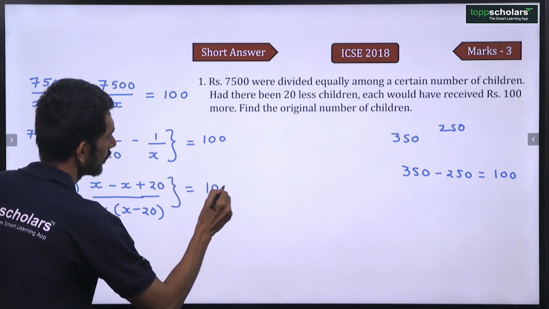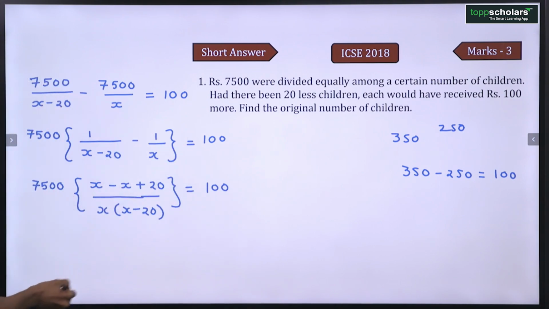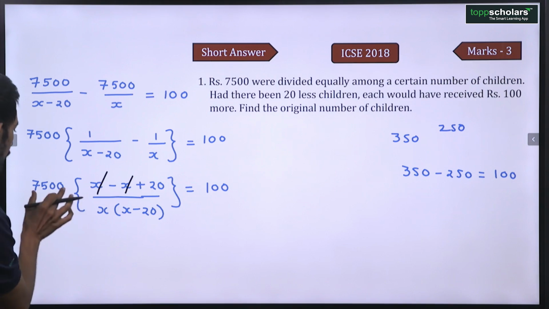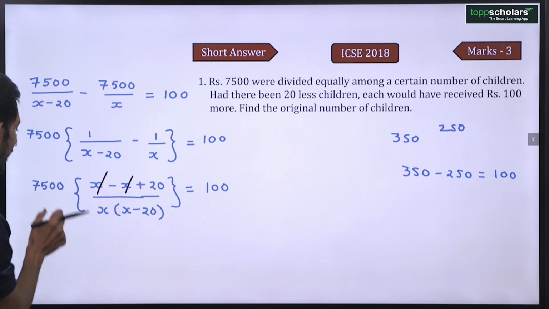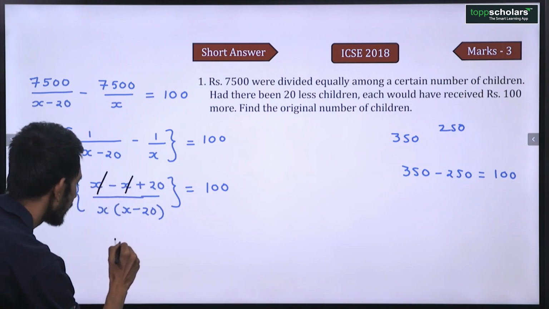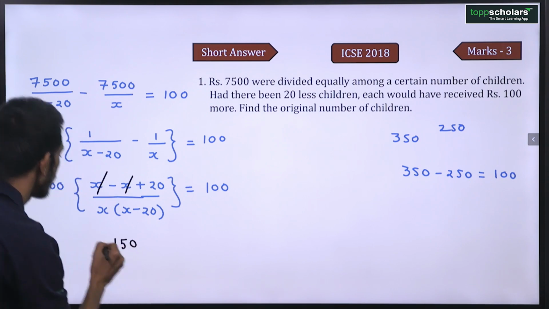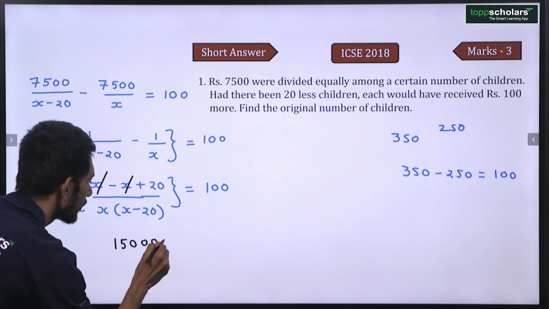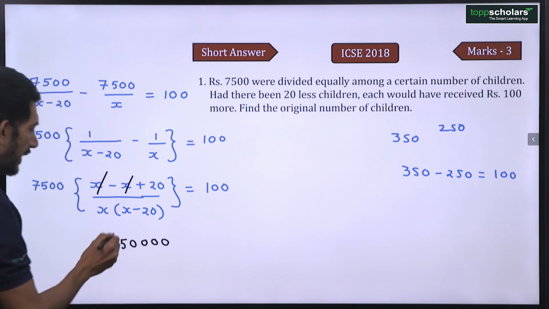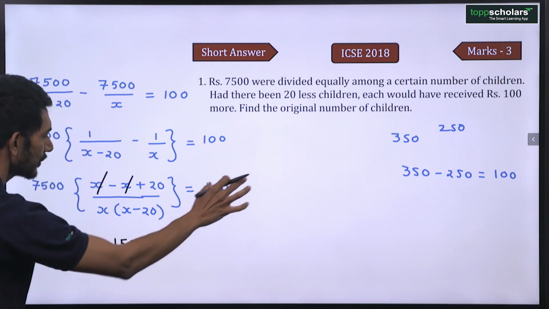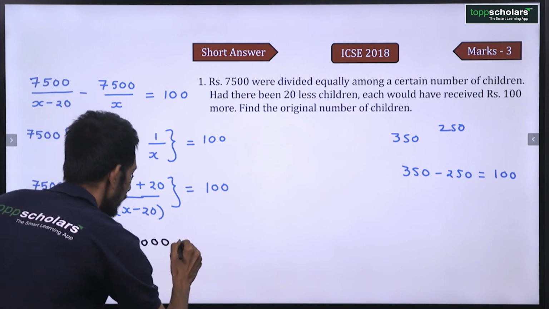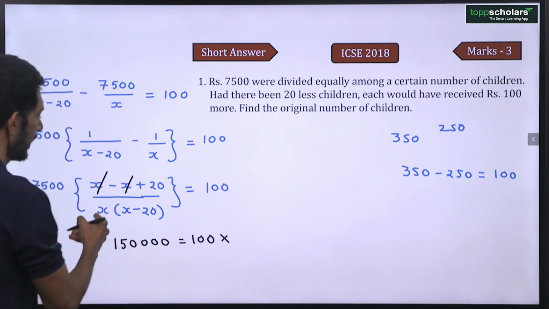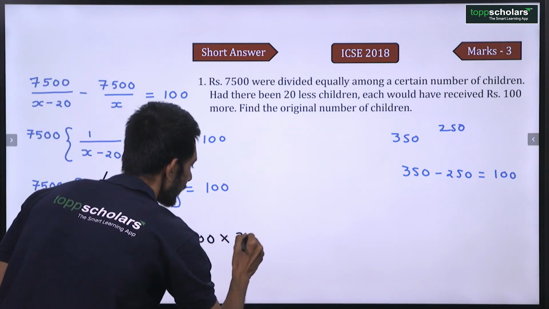That is equal to 100, right? So can I say this gets cancelled? So 7,500 into 20, 75 into 2 is 150, right? 75 into 2 is 150, and then we have 3 zeros. And then this part goes on the other side. So that is equal to 100 into x minus 20.